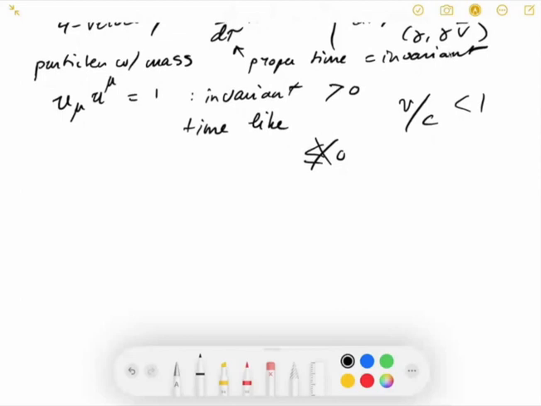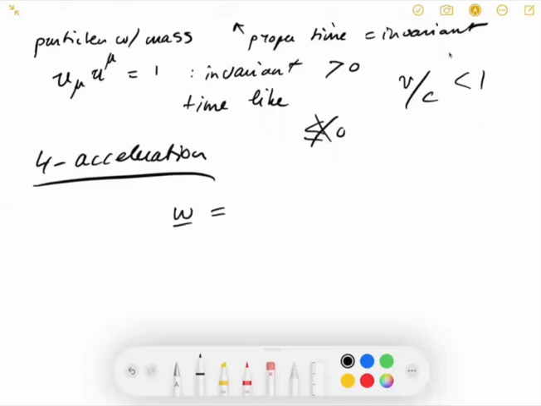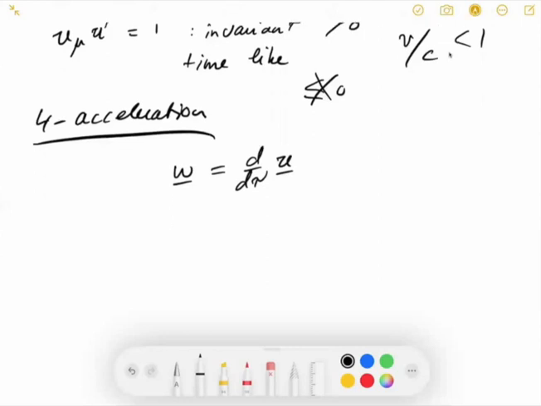Okay, so let's talk about the 4-acceleration. Let's call that thing W, and let's call that dU/dτ. So that makes sense, right?